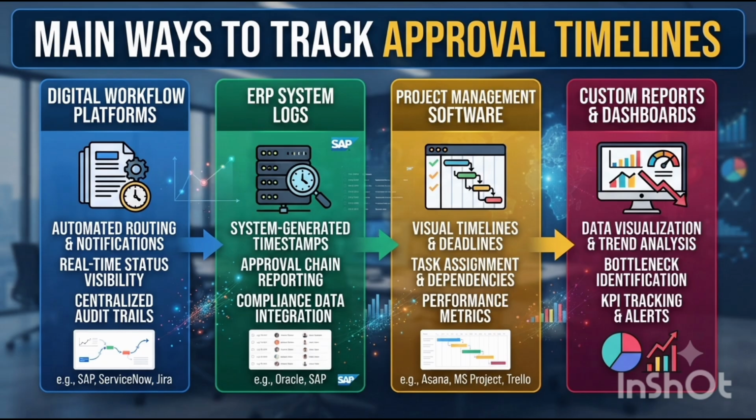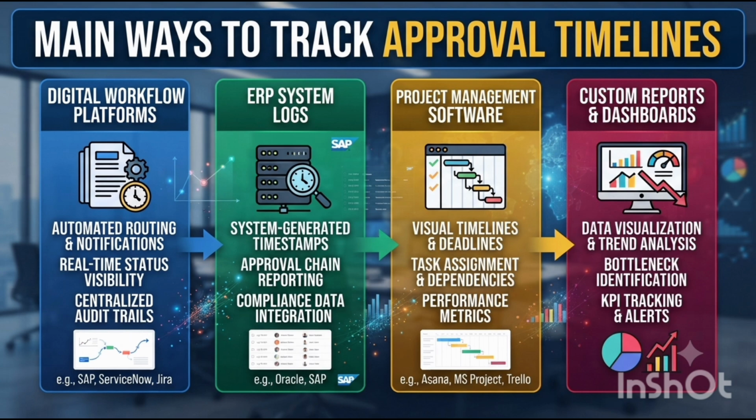Organizations generally rely on four primary methods to track and analyze purchase requisition approval timelines effectively. First, digital workflow platforms like SAP Workflow, ServiceNow, or Jira provide automated routing, real time status visibility, and centralized audit trails. Second, leveraging ERP system logs enables teams to extract system generated timestamps.